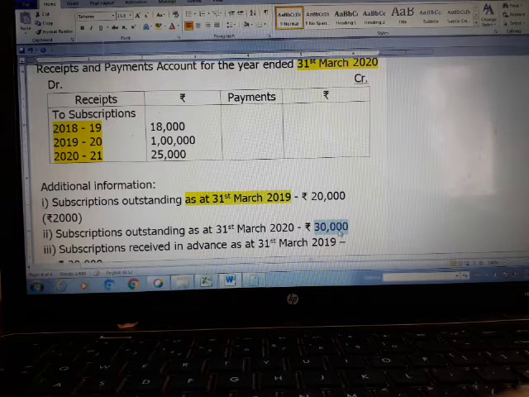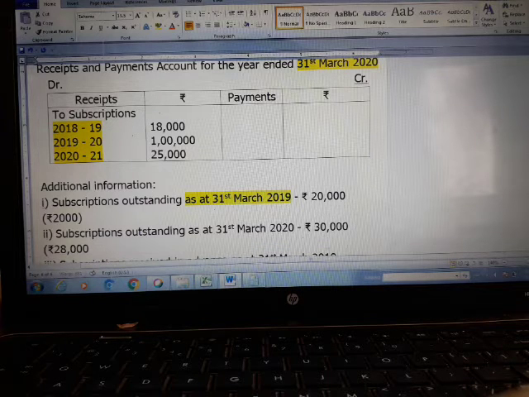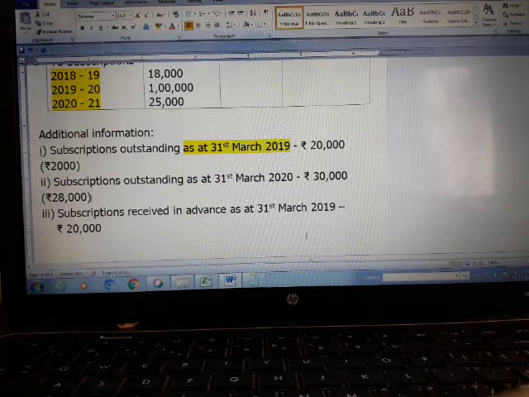All put together is 30,000, which means this 2,000 is included in this 30,000. So what should I do? I have to eliminate that 2,000 from 30,000. If I eliminate it, I will get an amount of rupees only 28,000 for the current year. Can you understand the concept?